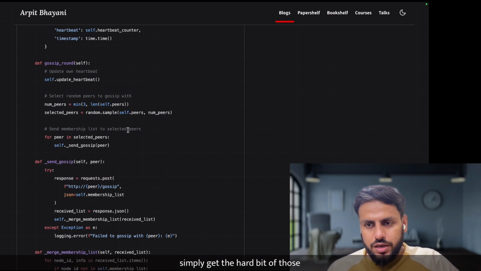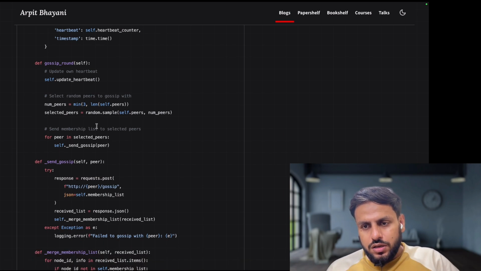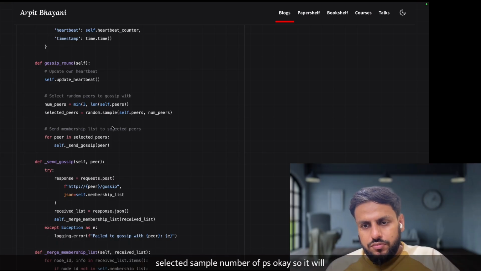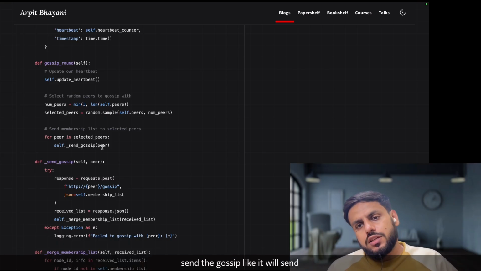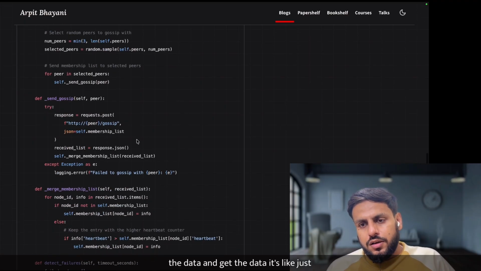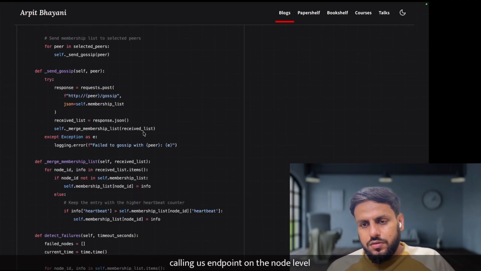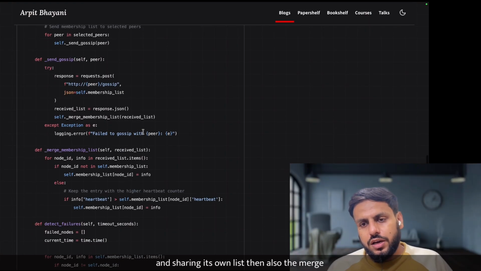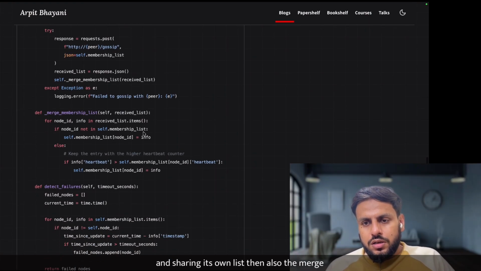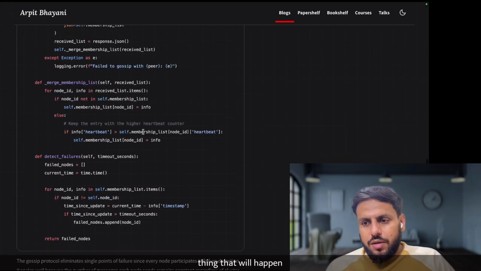It will simply get the heartbeat of the selected sample of peers. It will send the data and get the data, like calling an endpoint on the node level and sharing its own list. Then the merge will also happen.